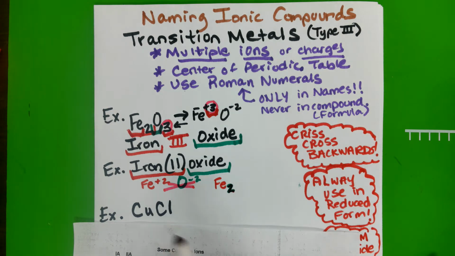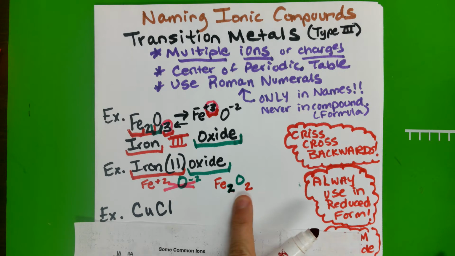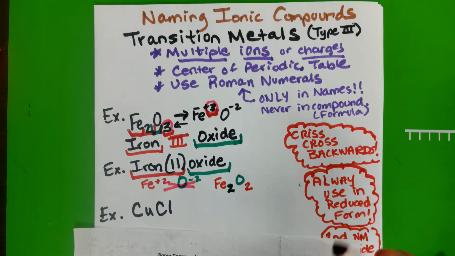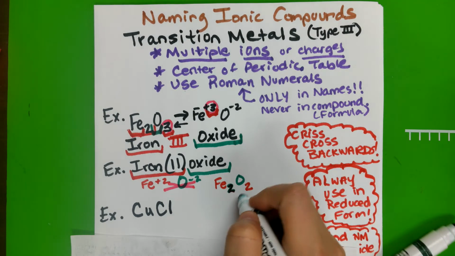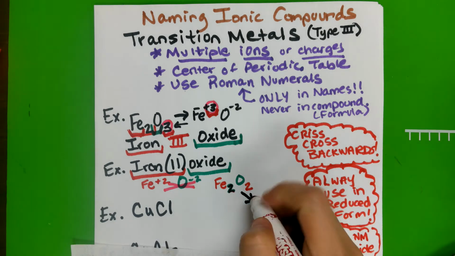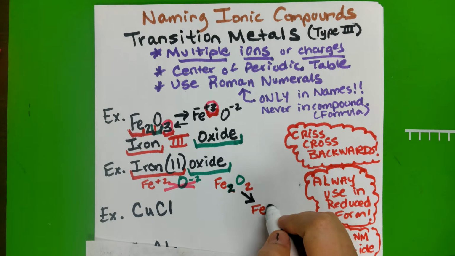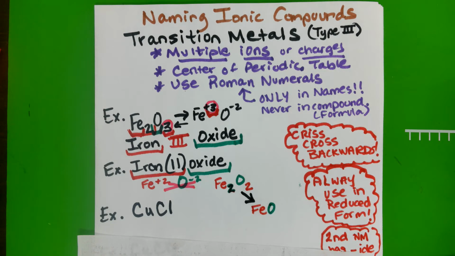And then it will be oxygen, and I'm going to put a 2 in red so you can know that it crisscrossed. Now this is not in reduced form. So remember, when they're the same, you always put it in reduced form. So that would change to iron and then oxide. That will be 1, always in reduced form. Okay, so that is your answer for this one.